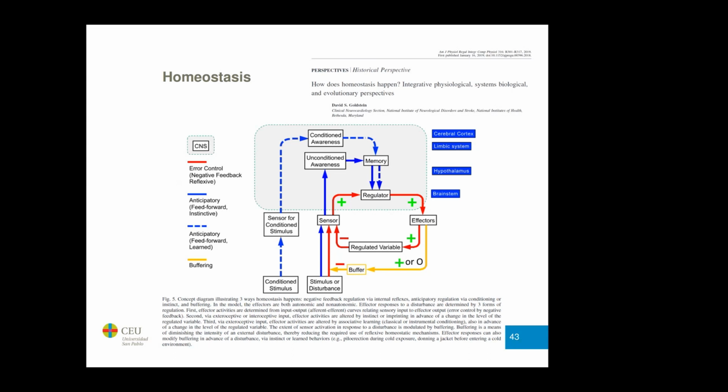So when something rises, at the end there will be some inhibition, so that when the concentration of something goes up, it is decreased, something is inhibited, and then you keep it. So negative feedback is always related to homeostasis.